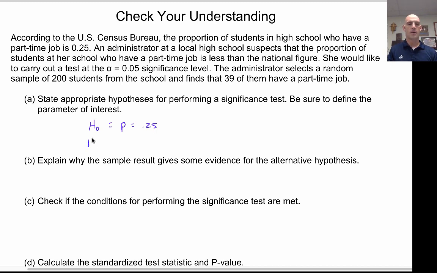What's our alternative hypothesis? Well, this is where you look at the context of the problem. What does the context say? The context says the administrator thinks that p is actually less than 0.25.